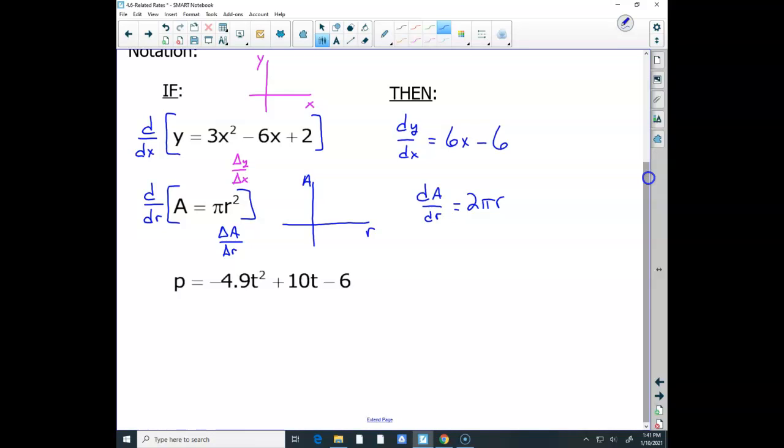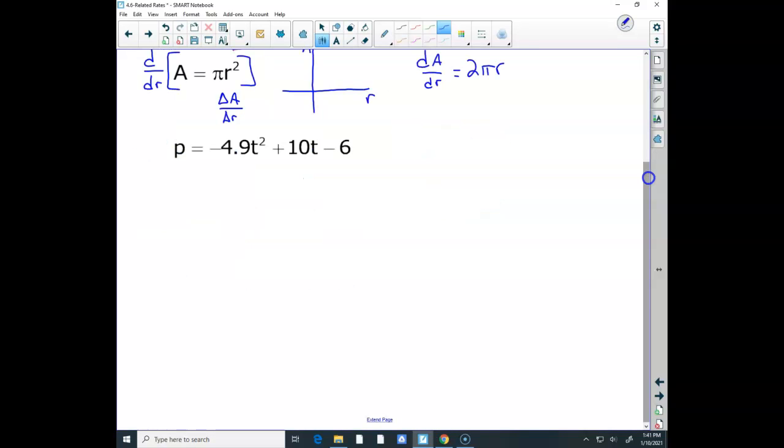Well, as I look at my very last one, p equals negative 4.9 t squared plus 10t minus 6. Well, that seems like it's a position function. Okay, well, it is a position function. What that's doing is relating time with position, right? And if I needed to know the slope of that equation, it's going to be the change in p over the change in time. So if I'm looking for the slope of that equation, I take the derivative with respect to time.